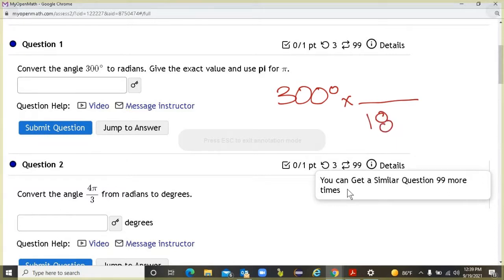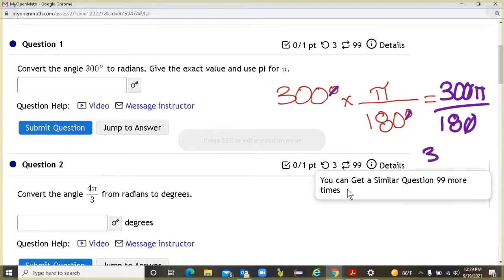And you just need to set it up so that the degrees cancel, kind of like unit conversions. So to go from degrees over to radians, you multiply by pi over 180. And again, something that reminds you of that is that those degrees cancel. So you get 300 pi over 180, and then we just want to reduce that down. So what is that? 30 pi over 18, and 6 goes into both of those, so 5 pi over 3.